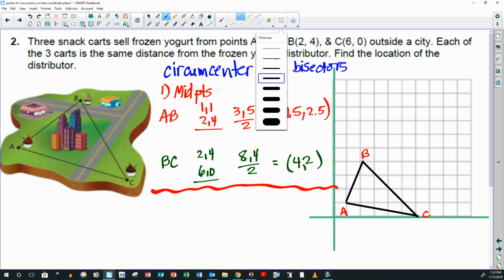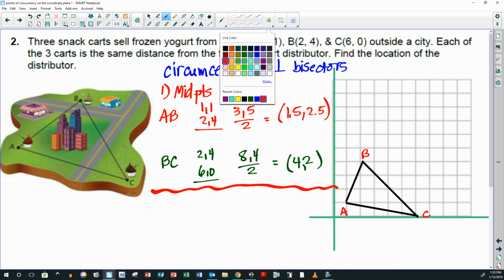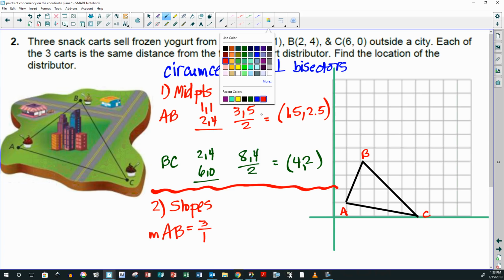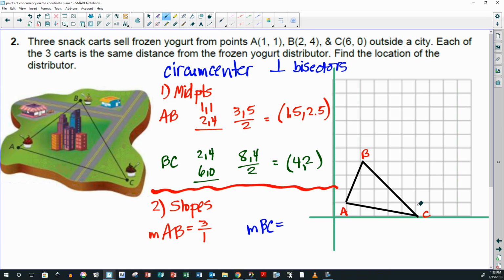The next thing, I'm going to find my slopes. So the slope of AB, so rise 1, 2, 3, run 1. The slope of BC, 1, 2, 3, 4. 1, 2, 3, 4.